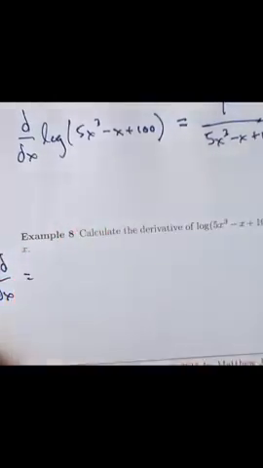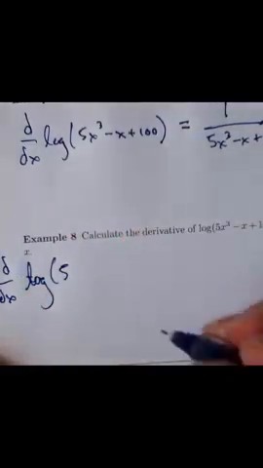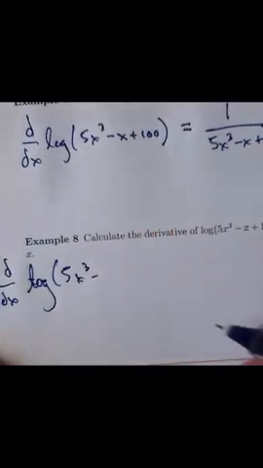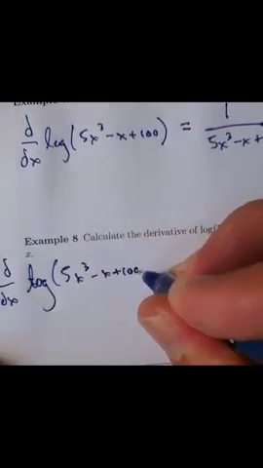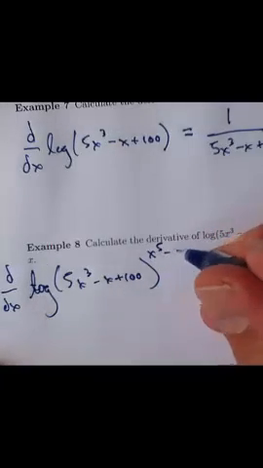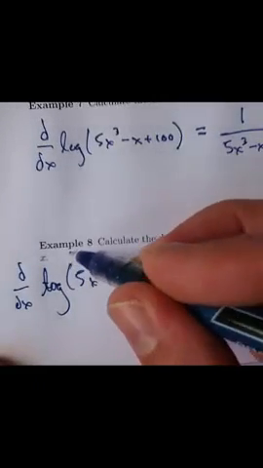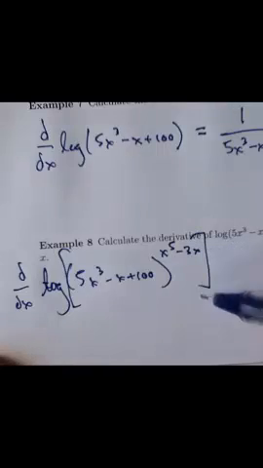First of all, let me just write down what we're doing here. The derivative of log of 5x cubed minus x plus 100, all that raised to the x to the fifth minus 3x. And by the way, when we write it like this, we mean log of all of this stuff.